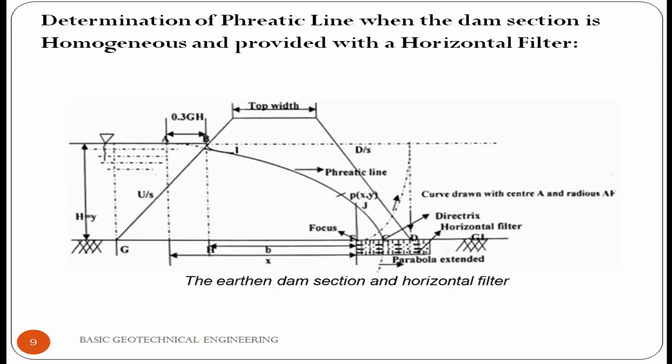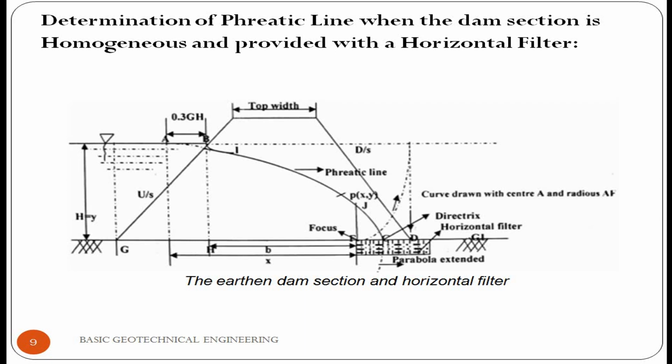If the horizontal distance between the already determined point A and the focus F is taken as, say, small b, then (b, h) represent the coordinates of the point A on the parabola.